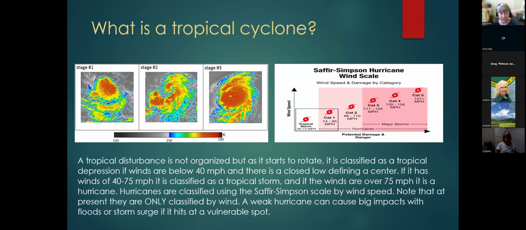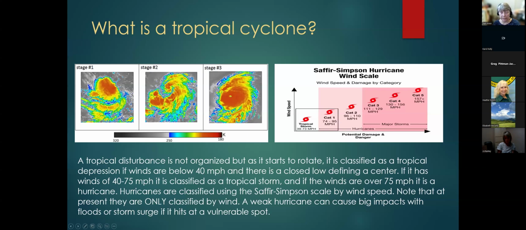The eyes can range from less than a 10-mile diameter to sometimes 40 or 50 miles across. It just really depends on the strength of the storm and how it developed. It also can change over time in the lifetime of a storm. And so eyes sometimes will pulsate a little bit. They'll get a little bigger, they'll get a little smaller, and they can also go through something called an eye wall replacement cycle, which I'll talk about a little bit later.